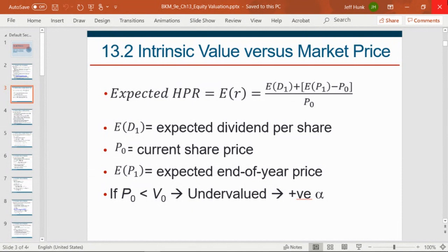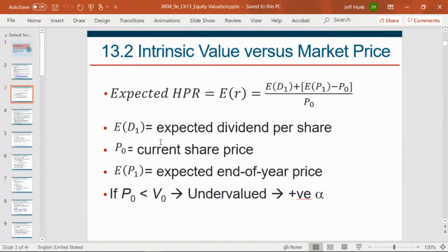What's intrinsic value? Intrinsic value is reflecting rational expectations of cash flow from this stock, cash flow from the earnings power of this stock.